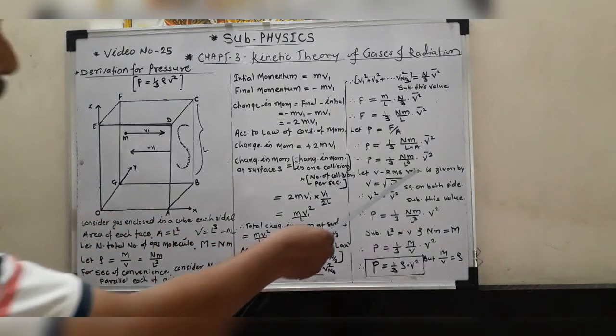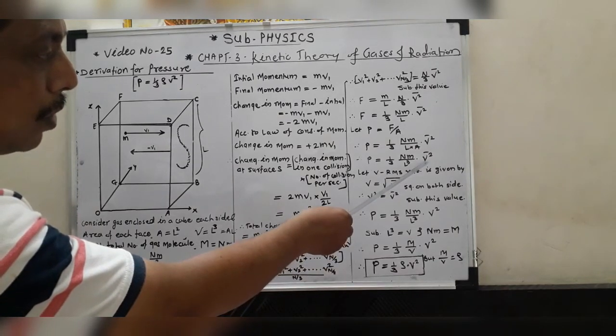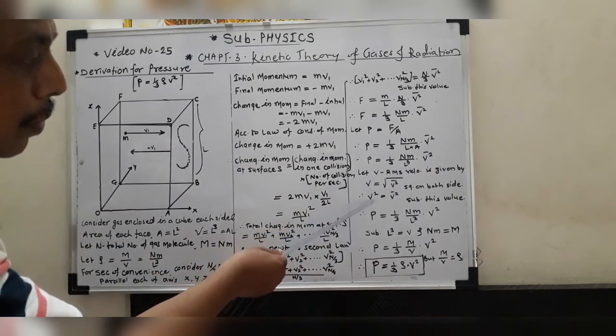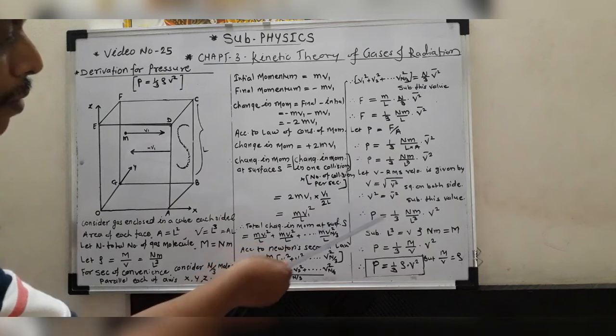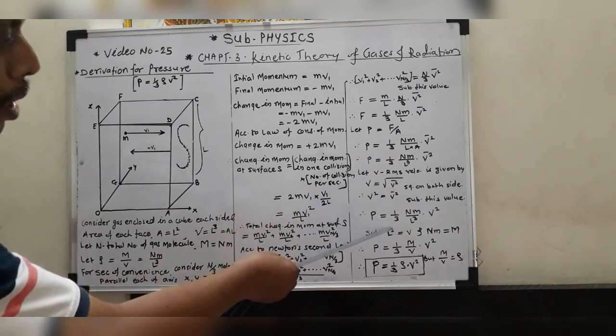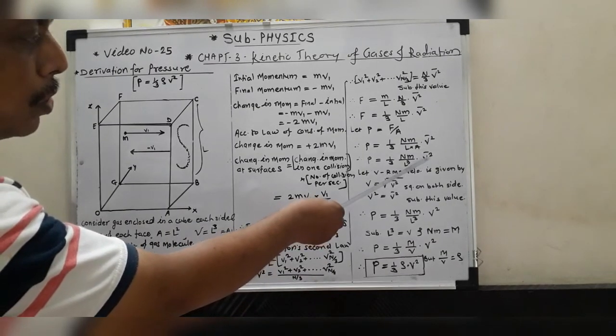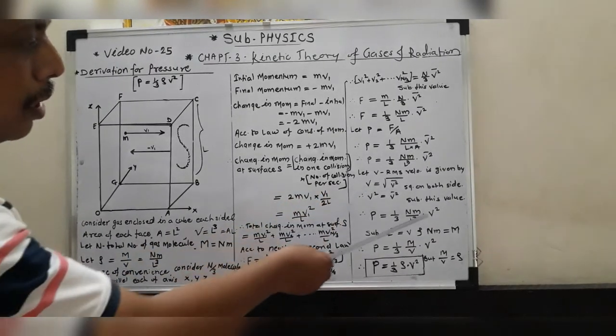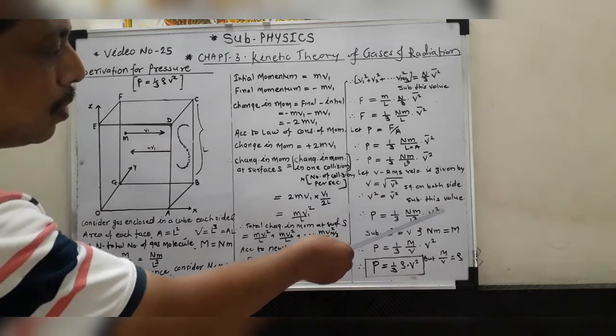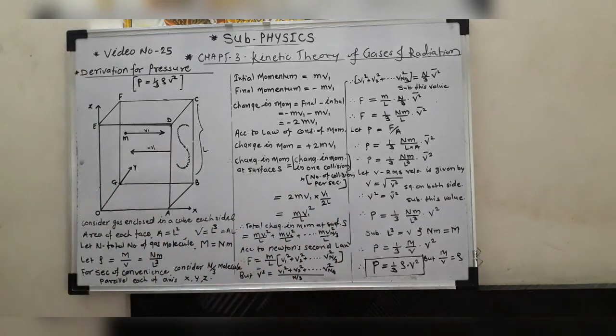Now instead of this V square bar, the mean square velocity, we can write simply V square. Therefore P is equal to 1/3 Nm upon L cube, and instead of the mean square velocity, we can write the RMS velocity square, that is V square.